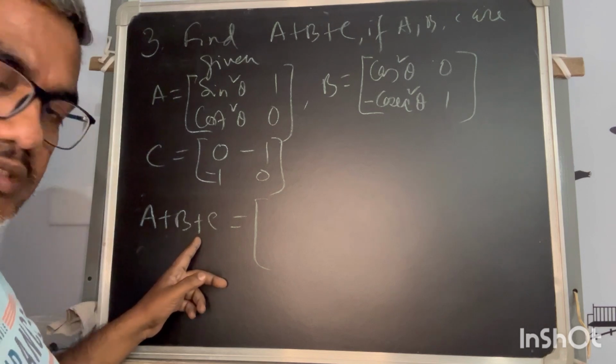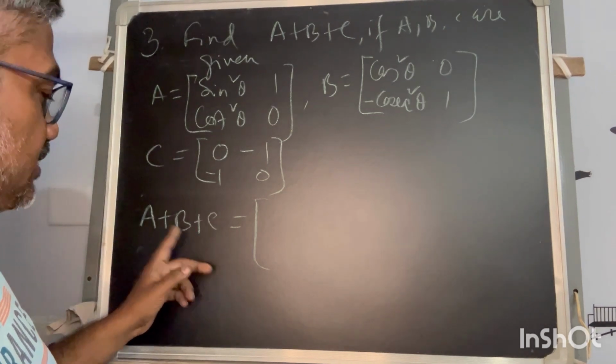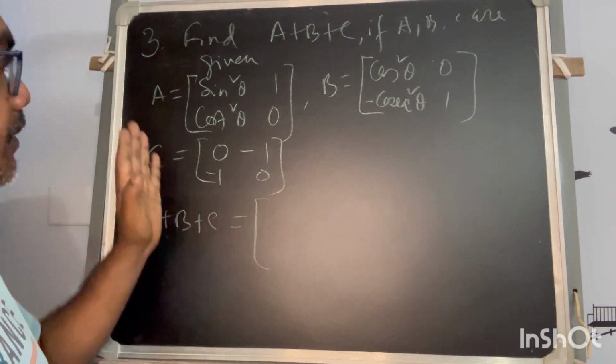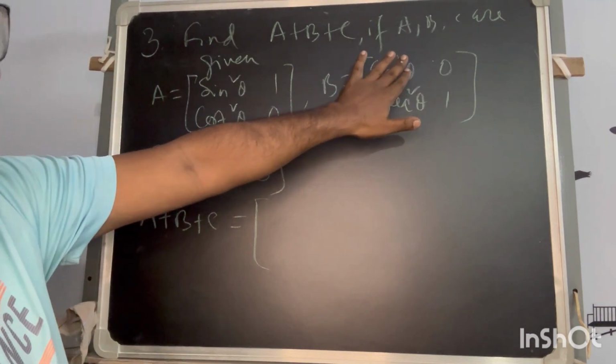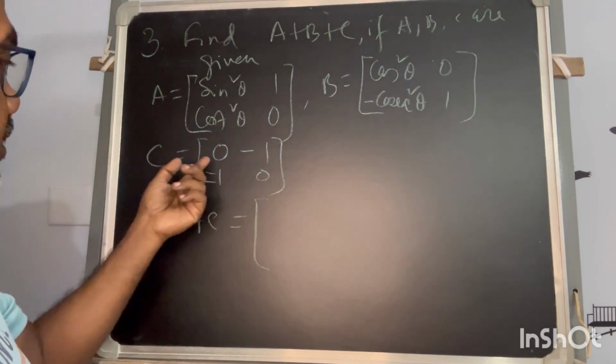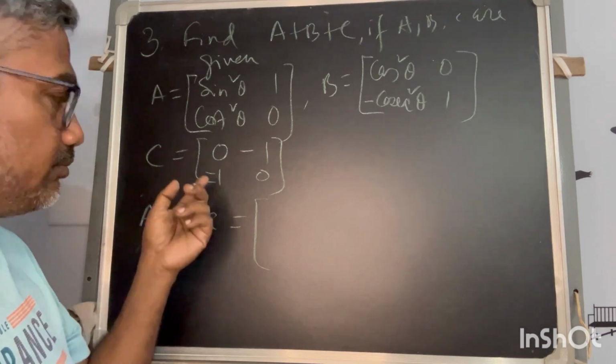If there is a minus, let's say A plus B minus C, in this case A and B will be added with the plus sign, and C will be added with the minus sign.